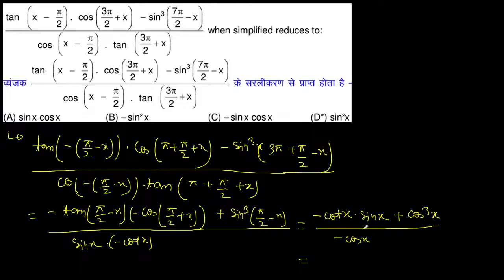If you simplify it, taking cos x, cos by sin, it is 1 plus cos x, and cos x is nothing but minus cos x by minus cos x is 1, and this is cos square x, which is sin square x.